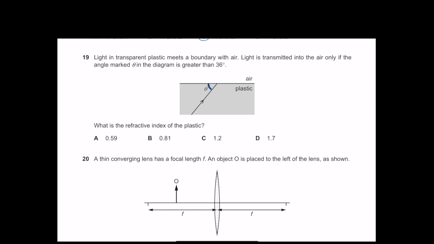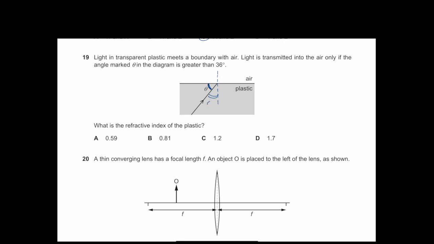So if that was 36, it means the incident angle will be 90 minus 36. Think about it. The incident angle is the angle between the normal and the incident ray. So we are right. The normal makes 90 degrees and the theta is 36. So the incident angle in that case could be 90 minus 36, which is 54.